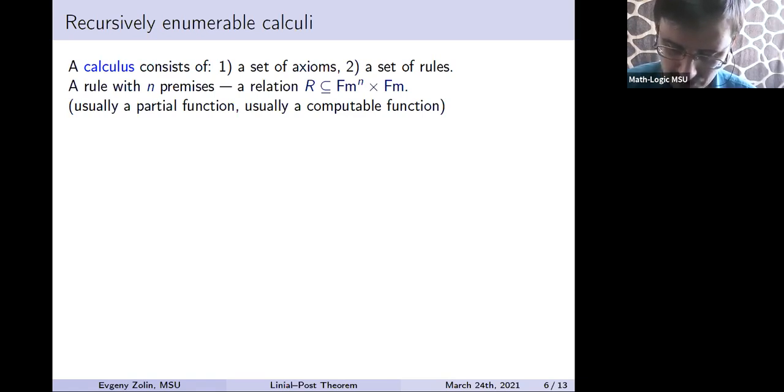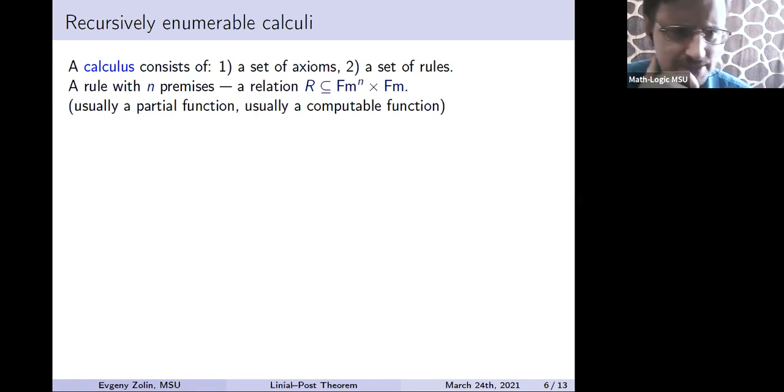And usually this rule, the relation, is a computable function. In the usual calculi, this function is easily computable. Modus ponens is very easily computable. But in general, a rule is a computable partial function.